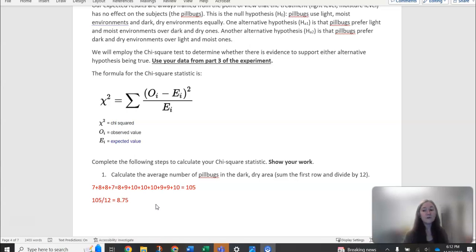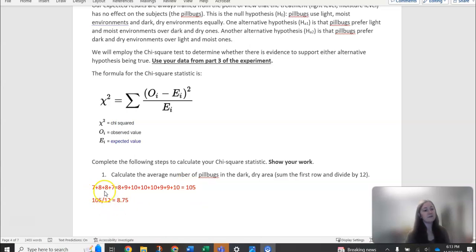Be careful when you do this on your phone or with a calculator, because if you enter it all in one line and put divide by 12 at the very end, there's going to be an order of operations issue, and that may give you an incorrect answer. So add all of your numbers of pillbugs at each time interval, enter that, and then divide that by 12.